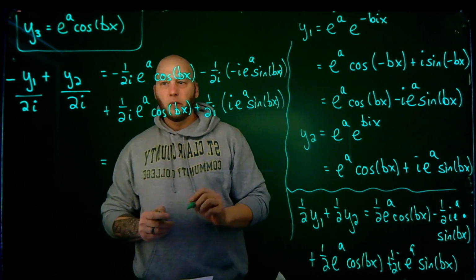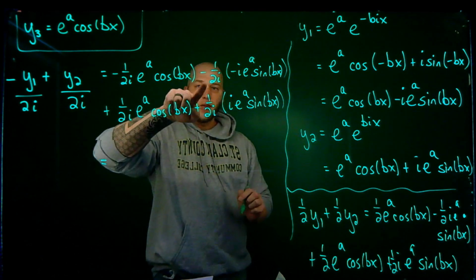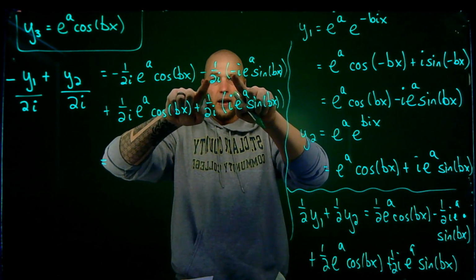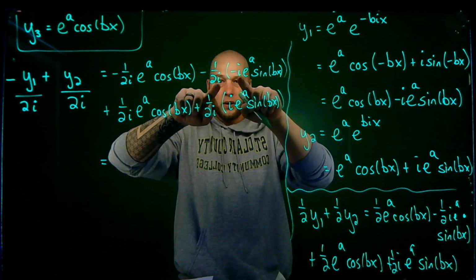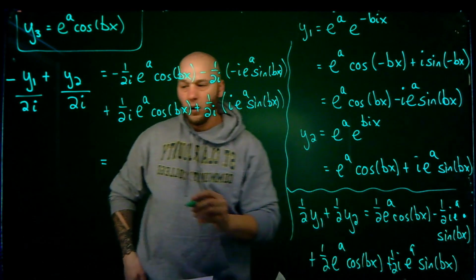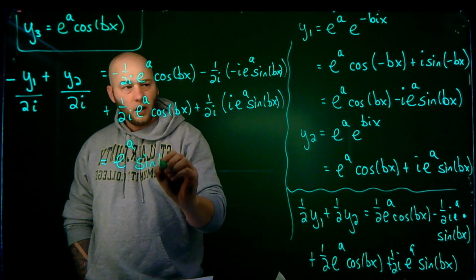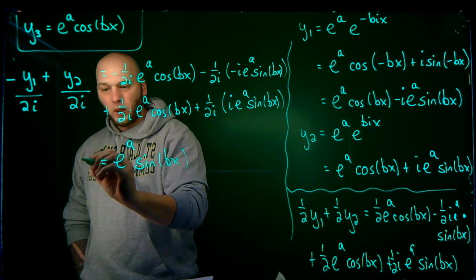And what does that give me? Notice that the cosine terms cancel. As far as the sine terms, I've got negative, negative, which is positive, i over i, which is 1. This is 1/2 e to the a sine bx, and that's the same thing down here, which gives me e to the a sine of bx. And we can call that y4.